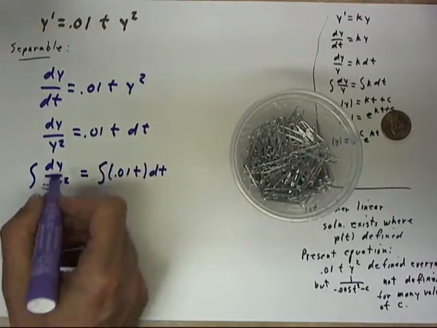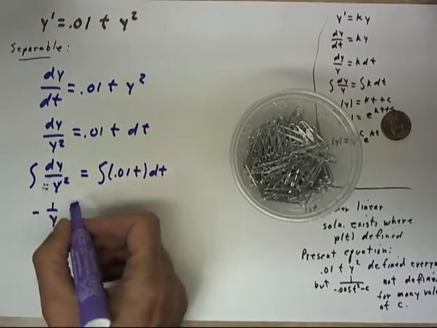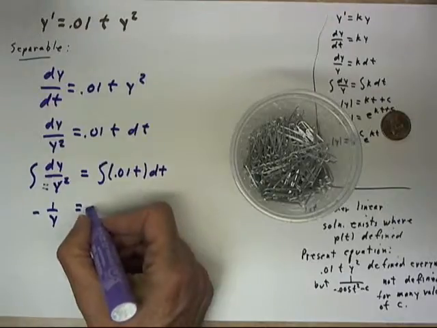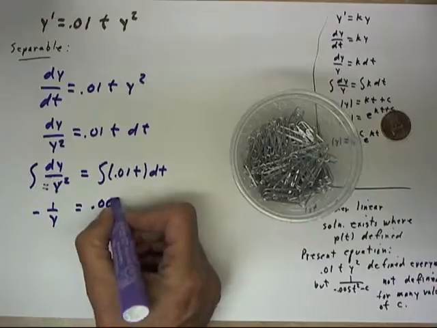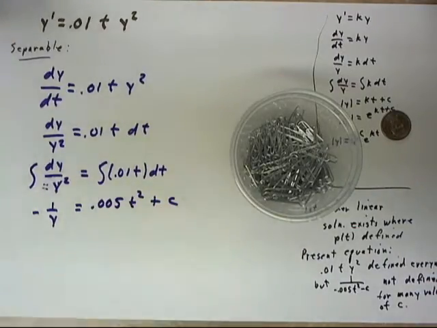Now that's an easy integral. The integral of dy over y squared is negative 1 over y. And the integral of 0.01t is, we'll do it in decimal form since I've got this in decimal form, 0.005 t squared plus our integration constant.